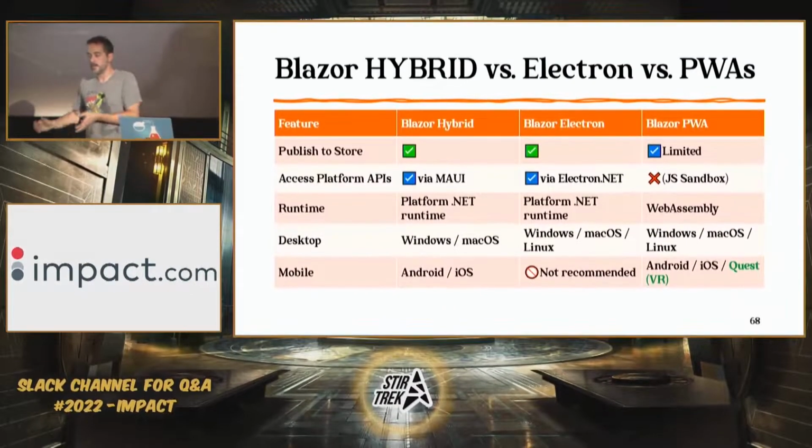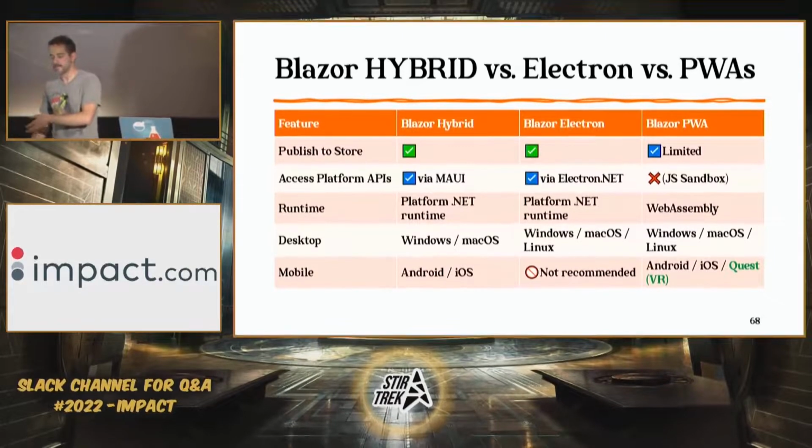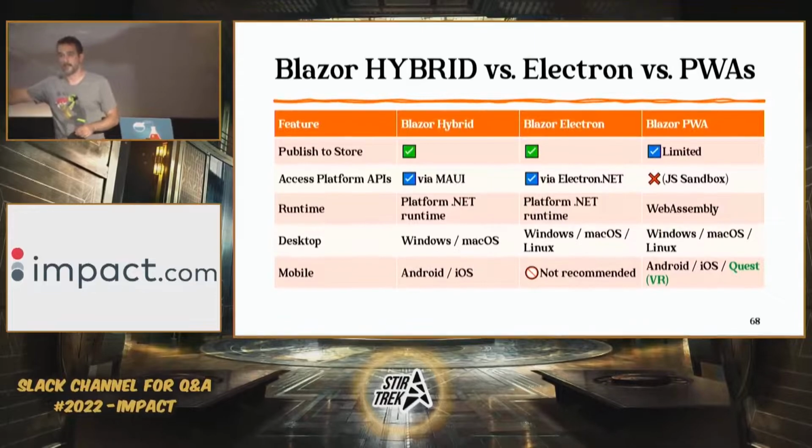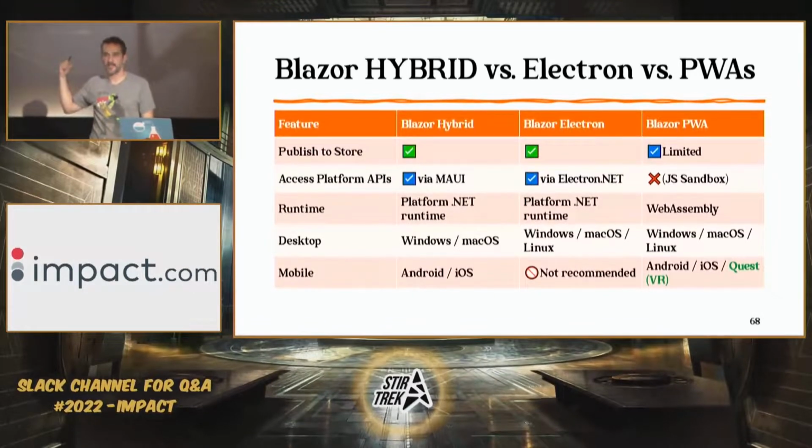Breaking them all down, you get almost everything with Blazor Hybrid. This is going to be the platform going forward, in my opinion. Electron has some of its issues. If you need Linux, Electron's your thing, though, currently. If you need to be on the Quest for some reason, then a PWA is what you need. So there are a few places where these different frameworks can fit into what you need.